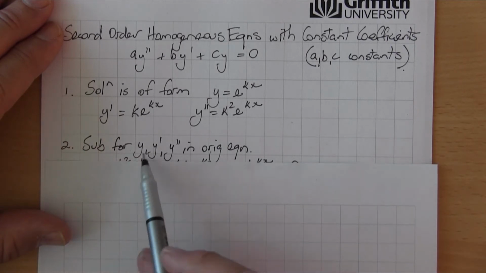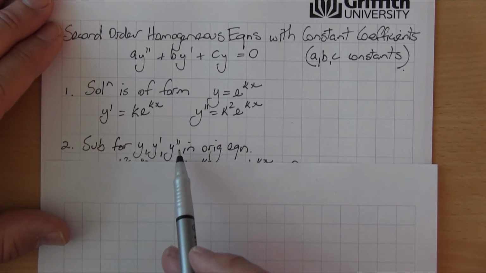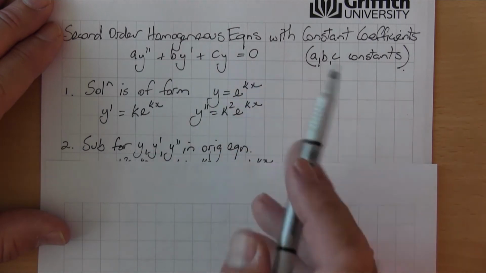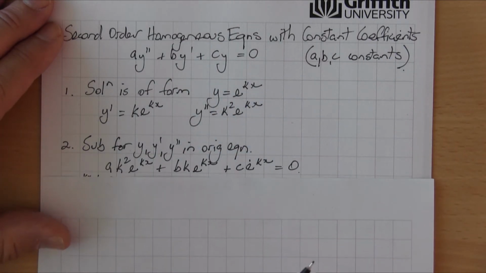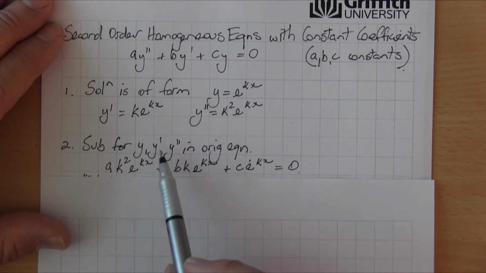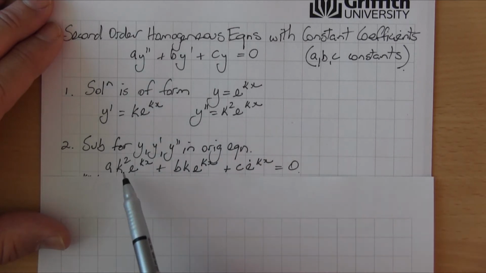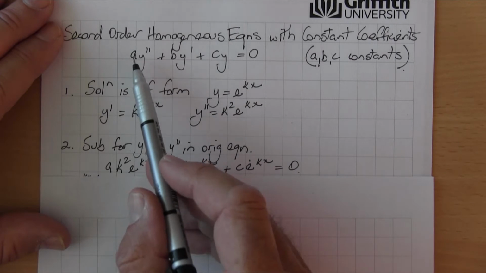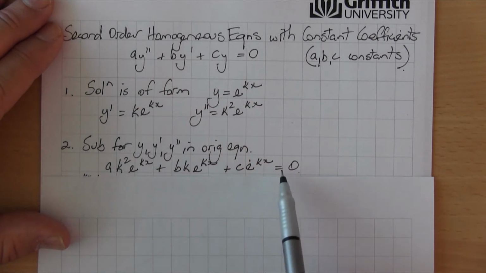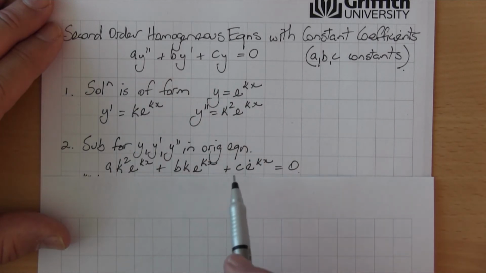We sub these values for y, y', y'' into the original equation. Instead of y'' we can substitute k²e^(kx), and we've got a coefficient of a outside of that, etc., is equal to 0.